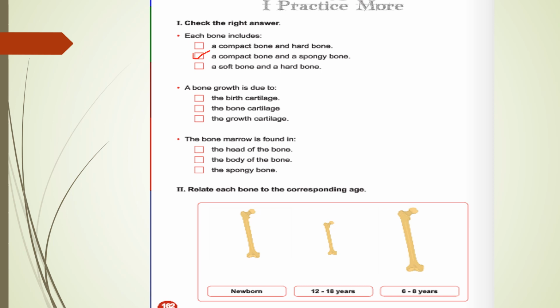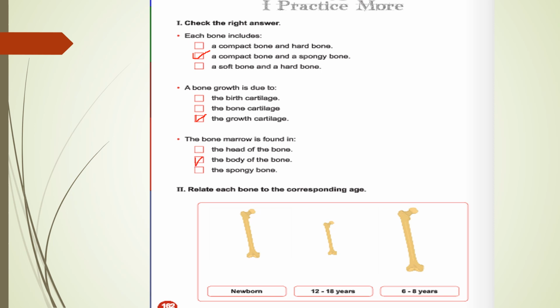A bony growth is due to the birth cartilage, or to the bone cartilage, or to the growth cartilage. Of course, it's due to the growth cartilage. The bone marrow is found in the head of the bone, or in the body of the bone, or in the spongy bone. Of course, it's found in the body of the bone.